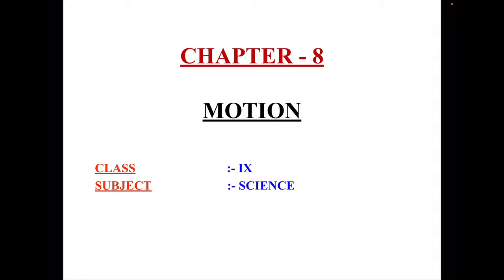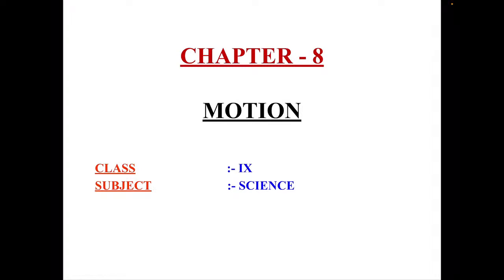Whenever you are seeing a tree, it always has a fixed position, or it has a fixed place. There are many examples which are in stationary position, or stationary, or static, or rest. All are the same things.